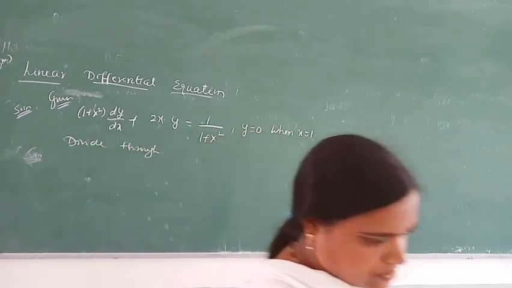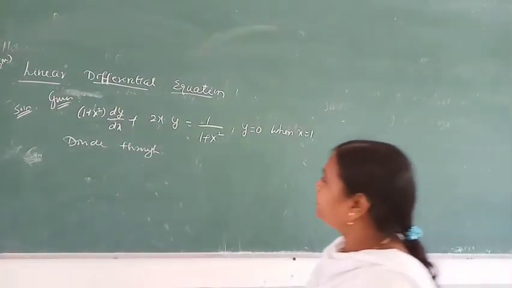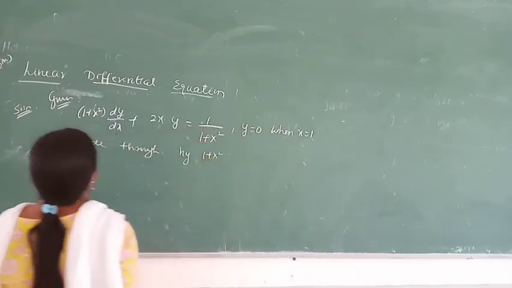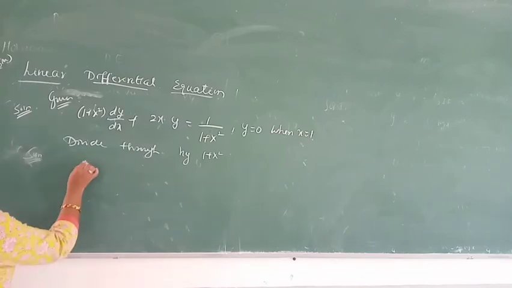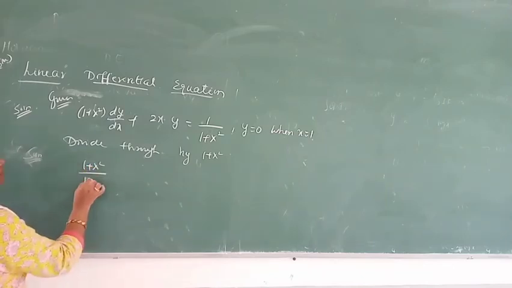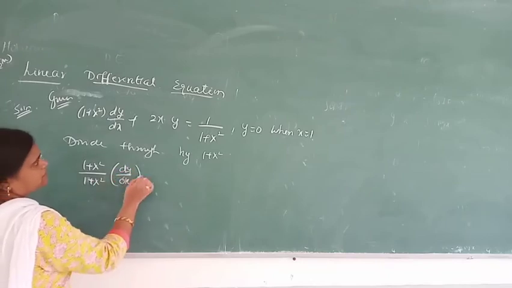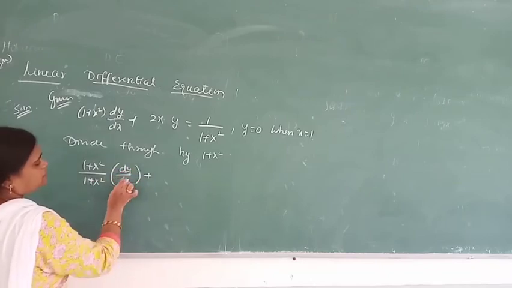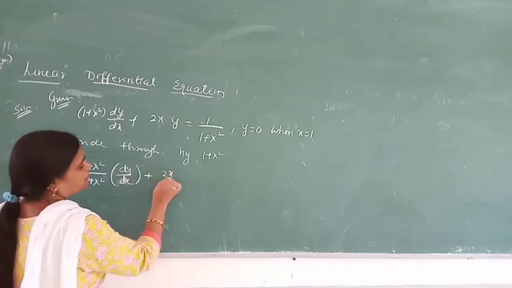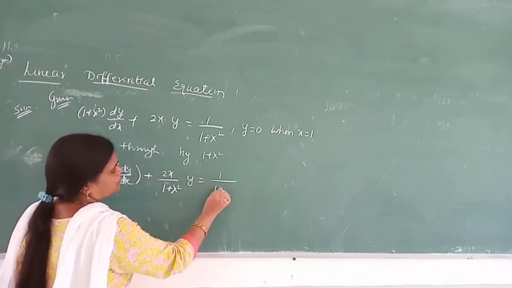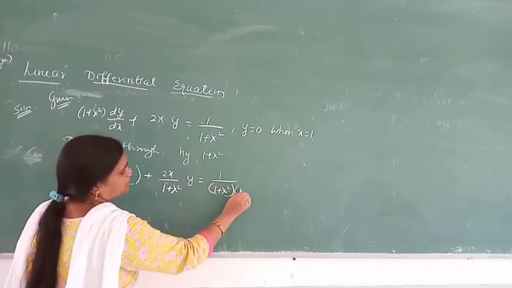Divide throughout by 1 plus x square. We get dy by dx plus 2x by 1 plus x square into y equal to 1 by 1 plus x square into 1 plus x square.